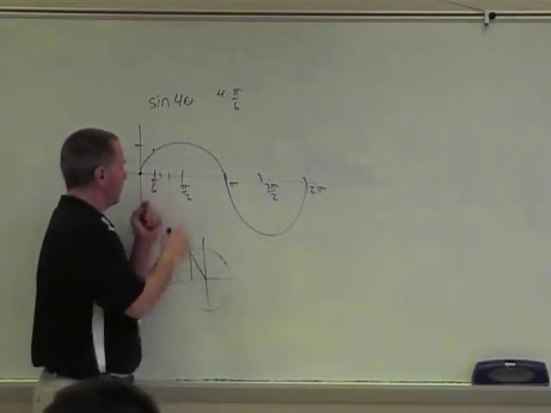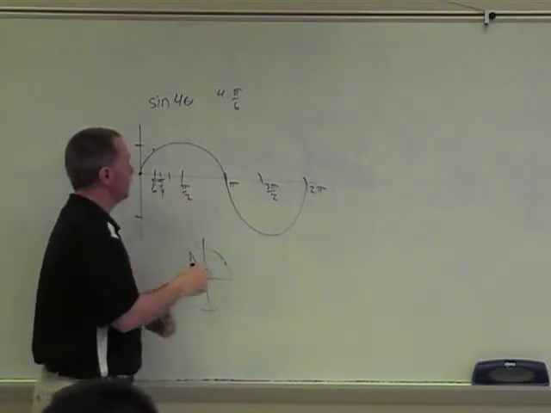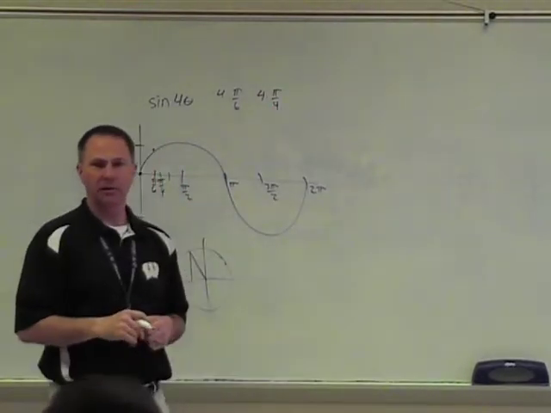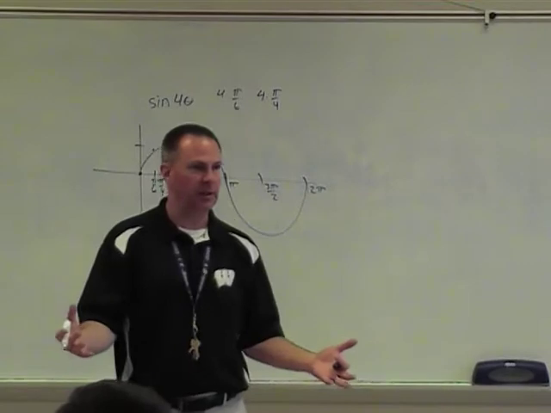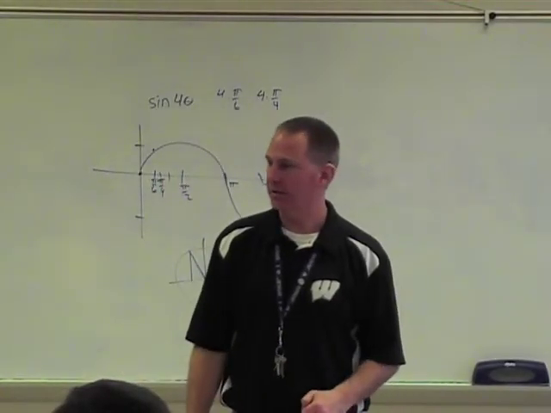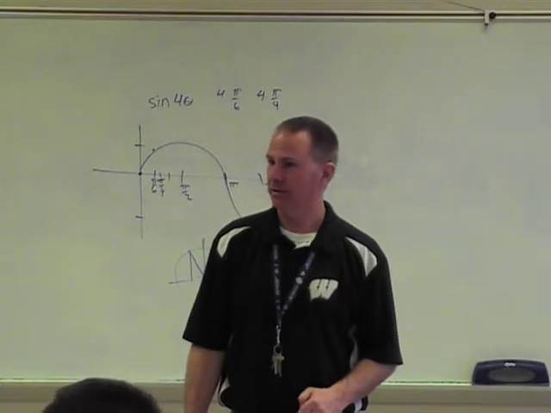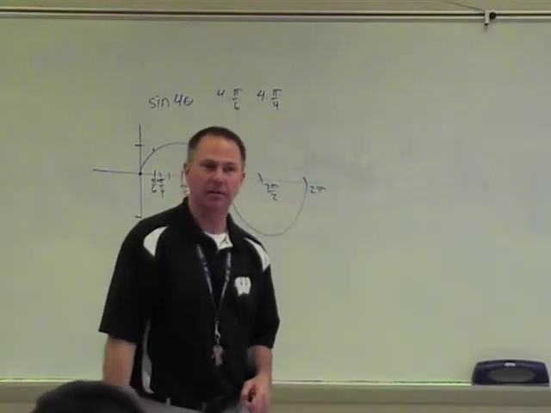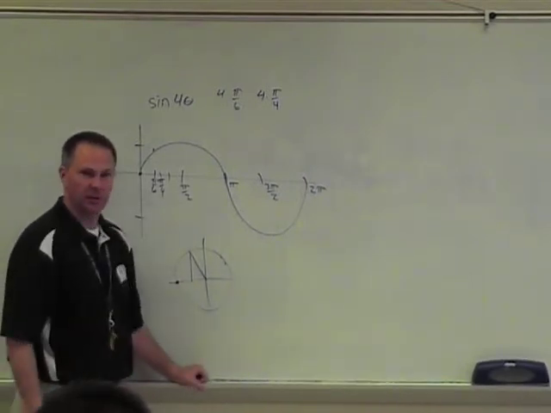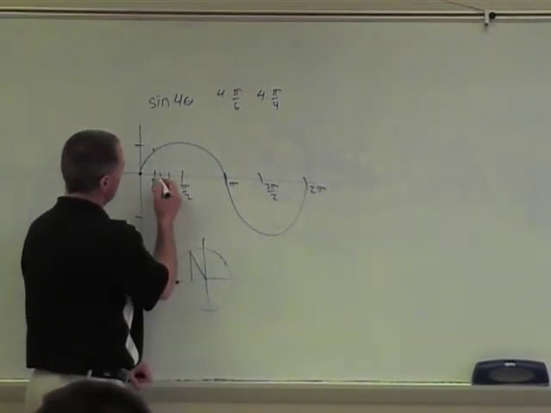So now we go to pi over 4. What is 4 times pi over 4? Pi. What is the y value at pi? 0.